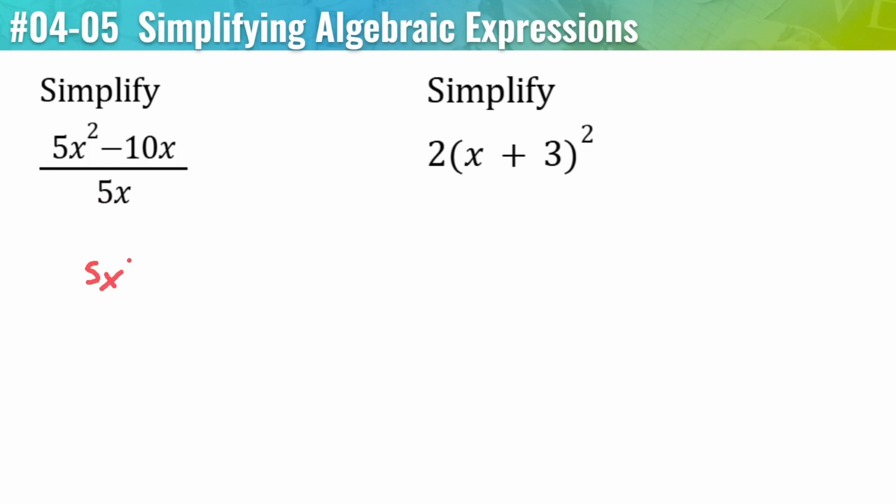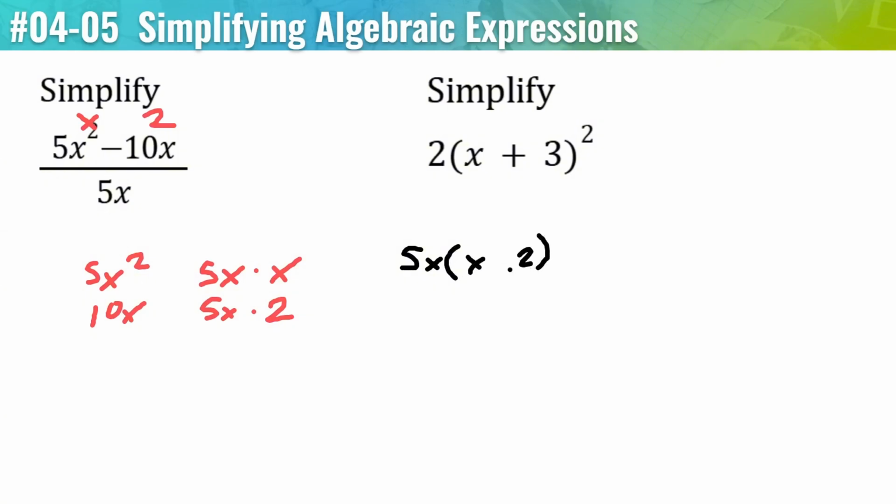So in 5x squared, there is 5x times x. In 10x, there is going to be 5x times 2. So now you have to rewrite this as 5x times x minus 2.